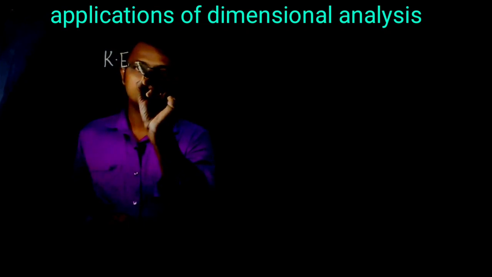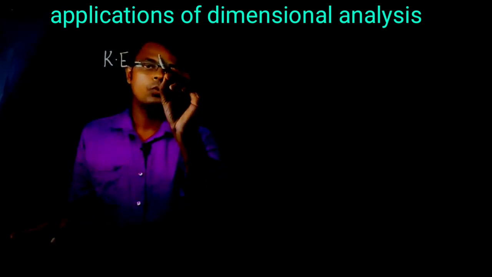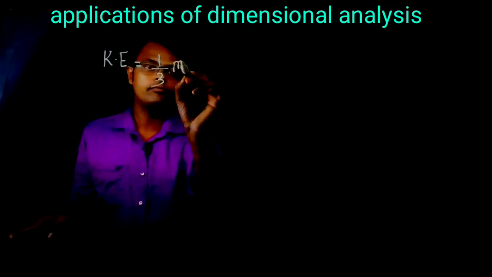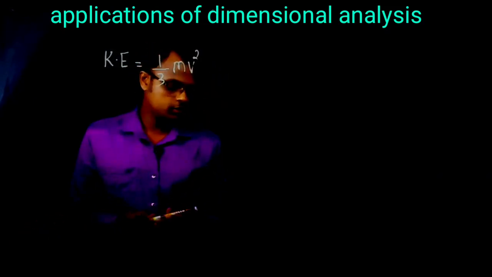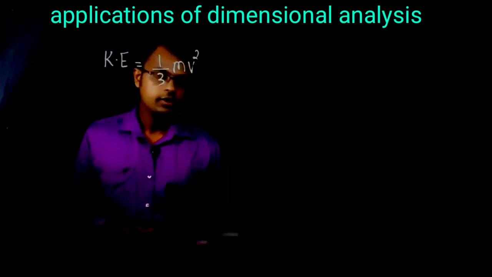See the equation I am writing here: kinetic energy is equal to 1 by 3 mv square. Definitely you know this equation is not correct, but even so we will work with it. Just imagine you don't know this equation.